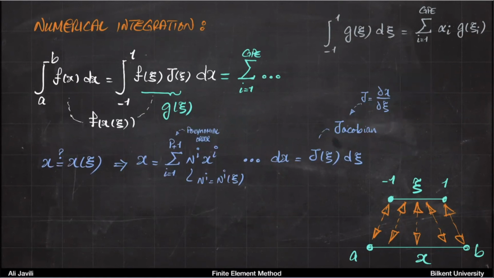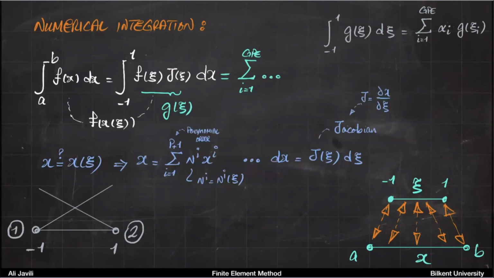And what I want to show you is how to write these shape functions in the natural space between -1 and 1. If you have the space between -1 and 1, and this is node 1, this is node 2, your linear tent functions will look like this. This would be n1, and this would be n2.